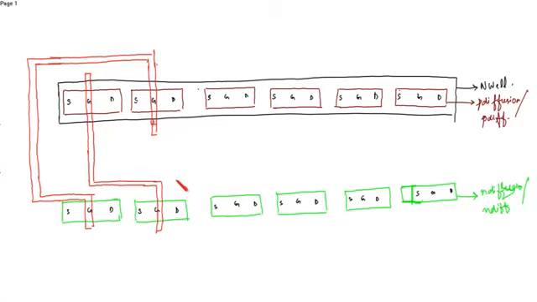Now the gates of PMOS and NMOS in an inverter are connected. So to give the input to the inverter, now these two are again a transmission gate. So the gate of this PMOS is connected with the gate of this NMOS.